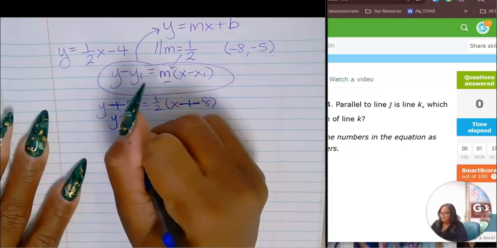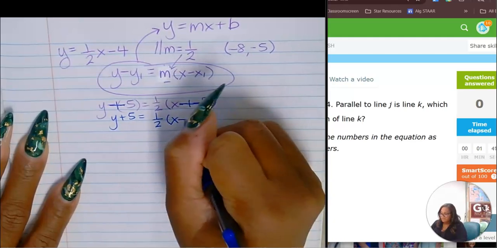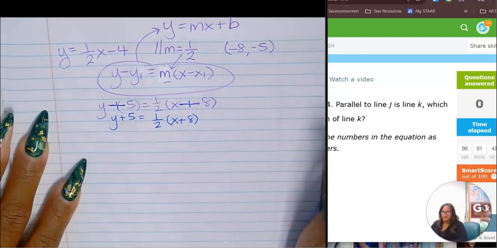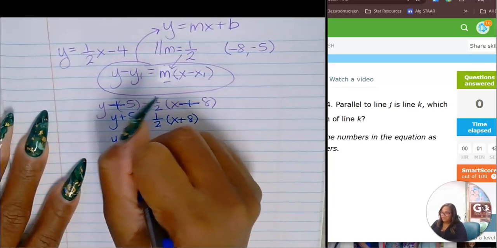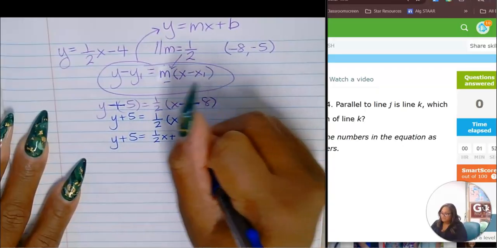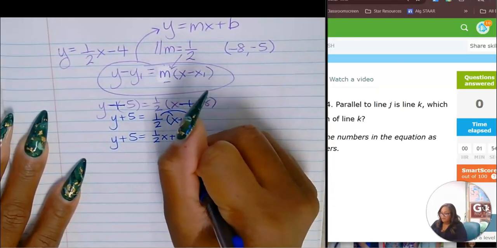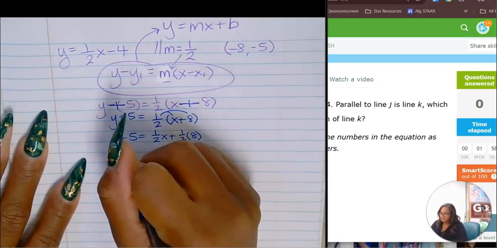Then I'm going to say y plus 5 equals 1/2 times x plus 8, excuse me. I must distribute this 1/2. Y plus 5 equals half of x plus, boom, bam, half of 8, which is 4.